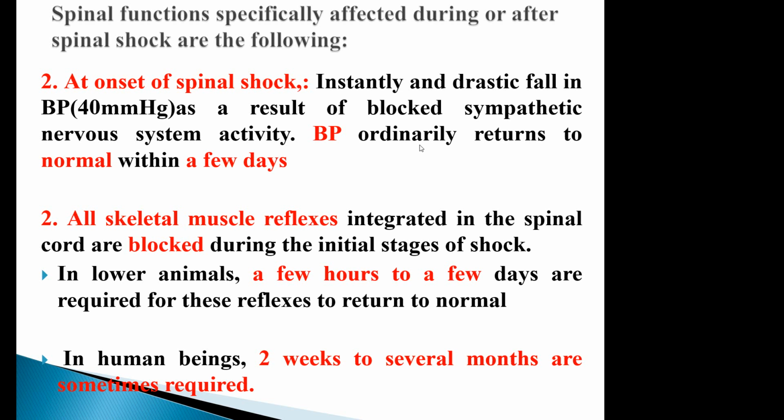The blood pressure ordinarily returns to normal within a few days' time. All skeletal muscle reflexes integrated in the spinal cord are blocked during the initial stages of shock. In lower animals, a few hours to a few days are required for these reflexes to return to normal. In human beings, 2 weeks to several months are sometimes required.